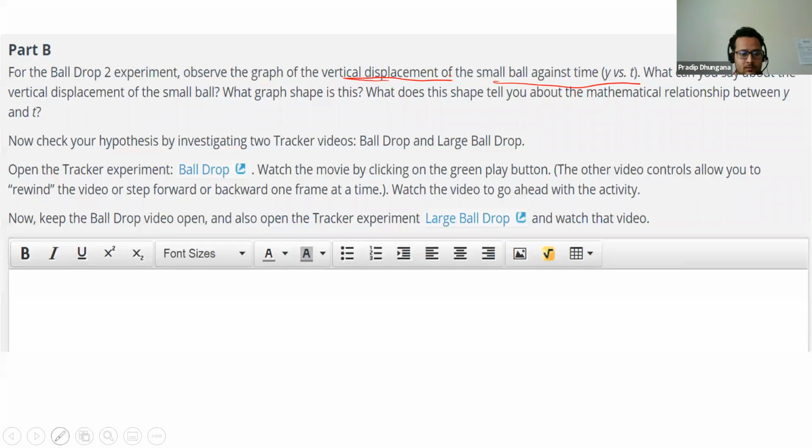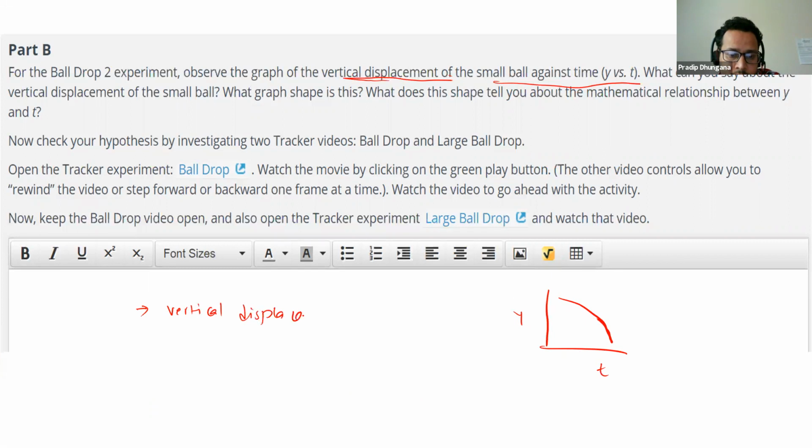Let me write those things, okay? So whenever we observe through the graph, this is your time, Y, and this is an approximate graph, okay? So the shape is parabolic, and it's decreasing. First step, vertical displacement decreasing over a period of time parabolically.